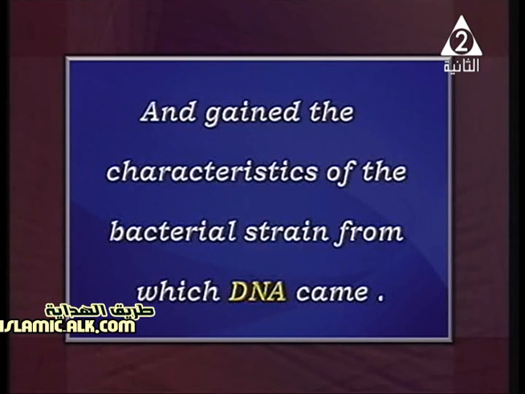Yet, they also have the ability to gain the characteristics of the bacterial strain from which the DNA came. So it has the ability to absorb DNA and also take the characteristics and features of the gained DNA.